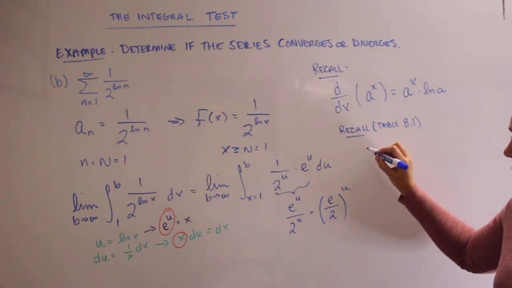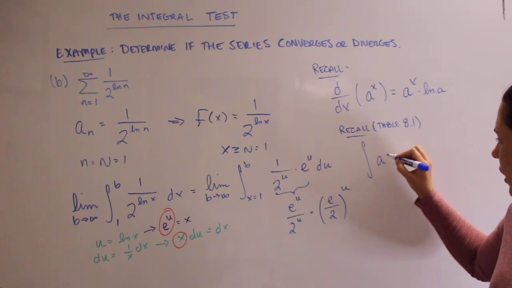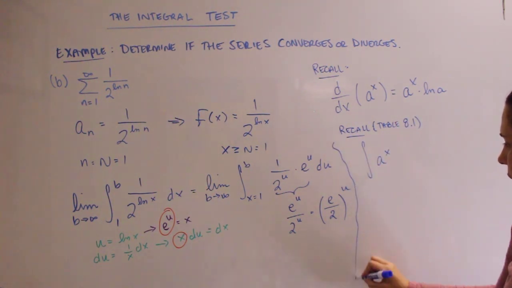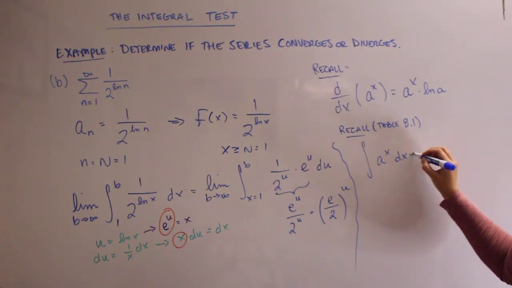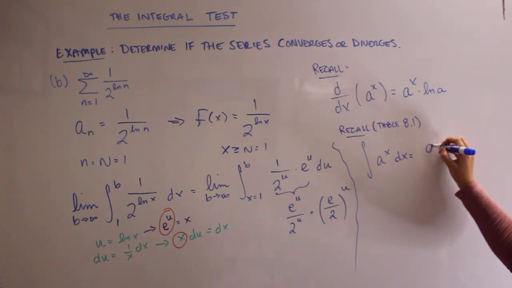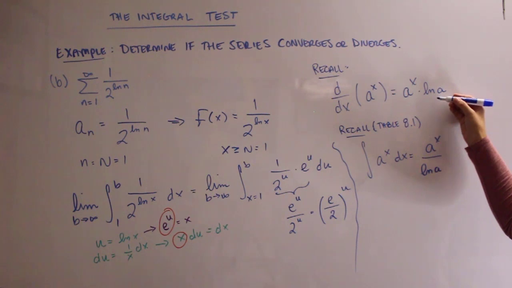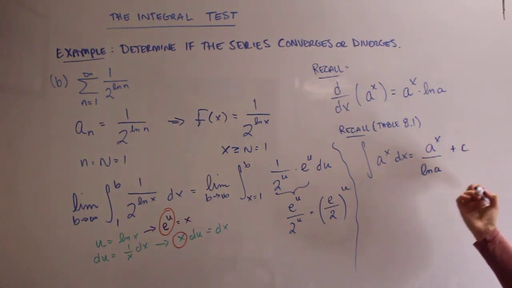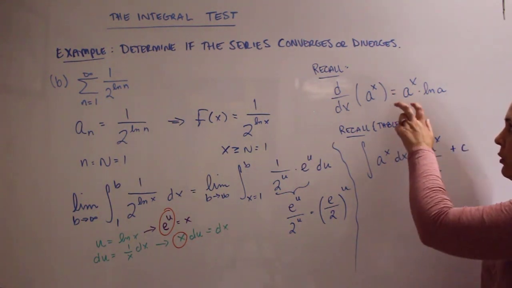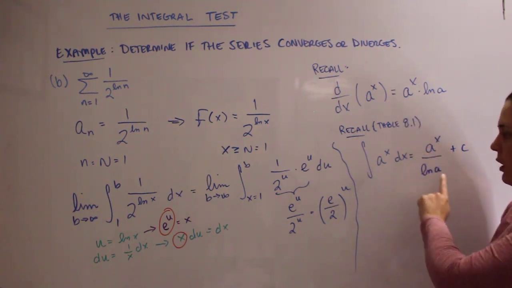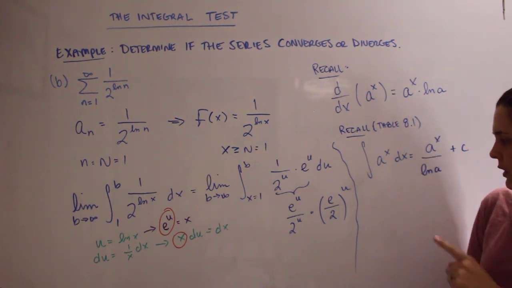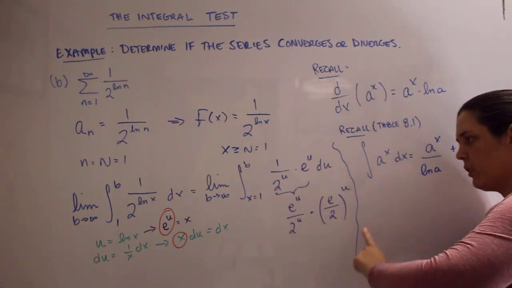Recall from table 8.1, the integral of a to the x is a to the x, but you have to divide by the natural log of a, and then technically plus c. I just want to remind you of this, and that it came from this. Now that is all going to be used here.